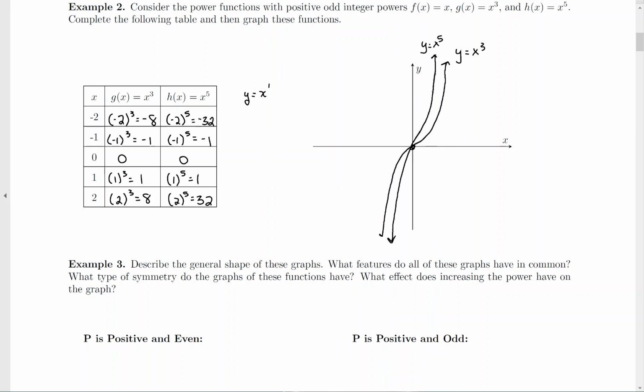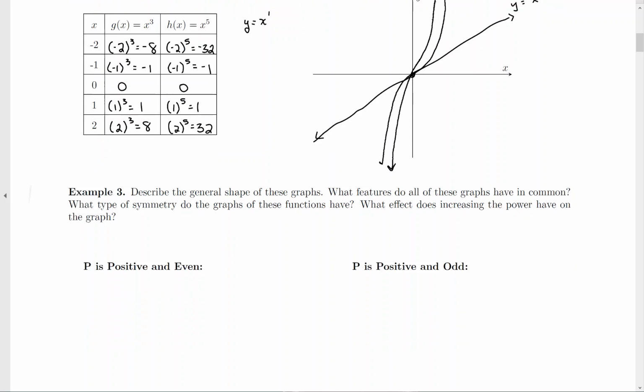I mean, it's just a straight line. So if we wanted to draw that in, it kind of splits the quadrant right there in half. That's our y equals x to the 1. So the bigger the power, the closer to the y-axis it gets.